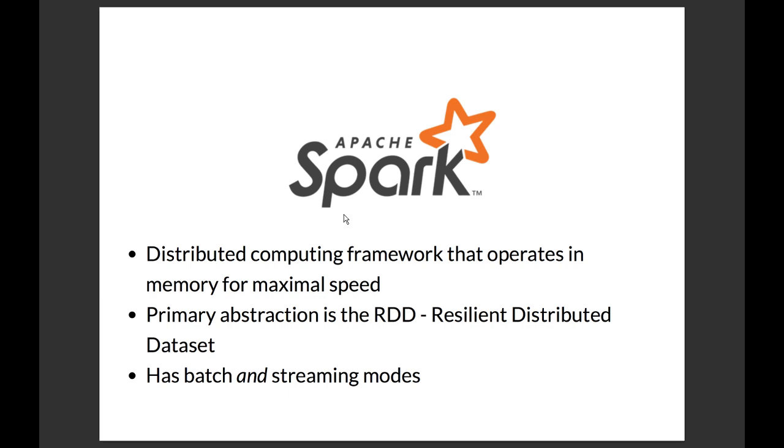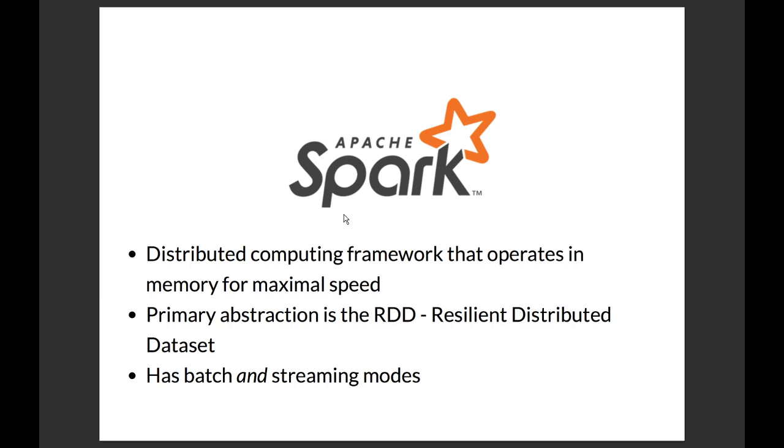Well, there's a technology called Apache Spark. It's a distributed computing framework that operates in memory for maximal speed. The primary abstraction in Spark is called the RDD, which is Resilient Distributed Data Set. Basically, the data set that you have is too large to fit on one computer, so it's put across multiple computers on the cluster, and Spark handles the coordination of the operations that get done.